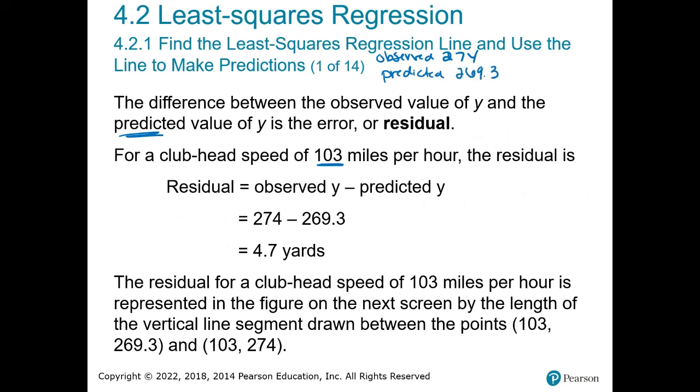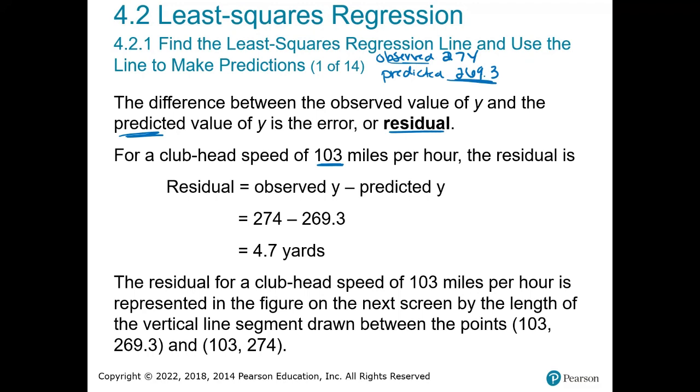So what you can calculate here is how far your predicted is from your observed by calculating what is called a residual. For a club head speed of 103 miles per hour, the residual is your observed y minus your predicted y. So you're trying to figure out how far off your equation is. If I take 274 and subtract 269.3, I get 4.7 yards.